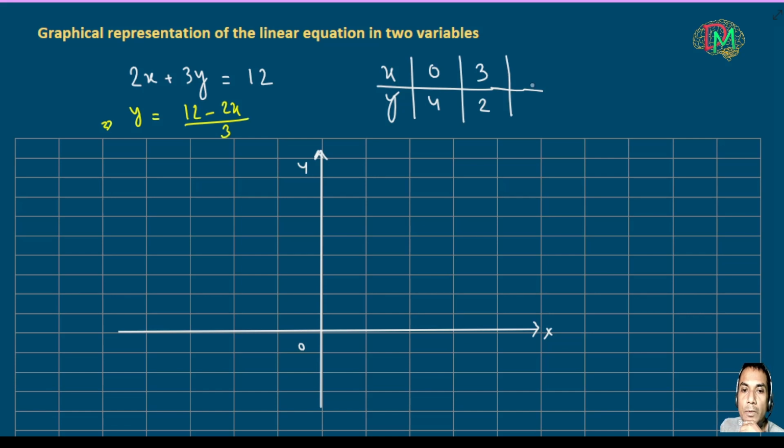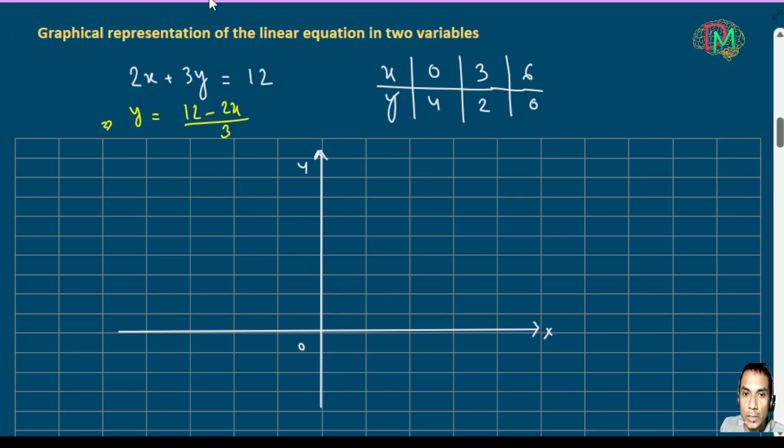For x equal to 3, 12 minus 6 is 6, divided by 3 gives 2. For x equal to 4 and 5 we get fraction values. For x equal to 6, 12 minus 12 is 0, divided by 3 is 0, so we get the value 0.